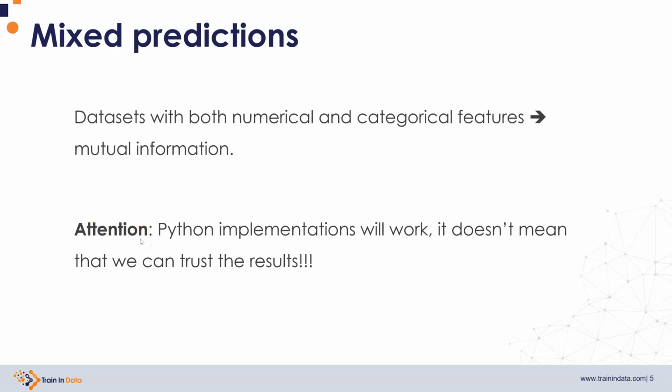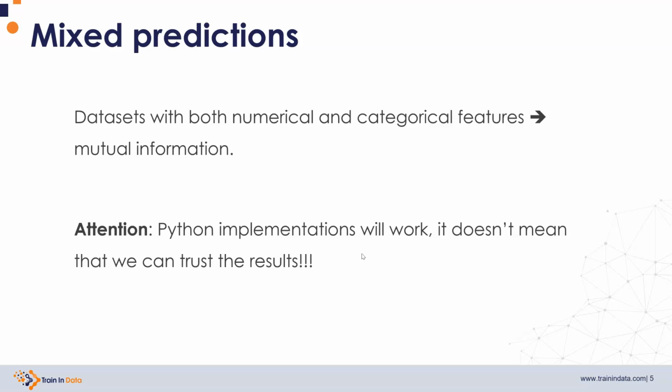Now, if you have categorical and numerical features and you encoded your categorical features already and then want to apply any of the other statistical tests, most likely the Python implementation that you use will work and will return a value of importance. It doesn't mean that we can trust those results, because these statistical tests have been designed to work in very specific scenarios.